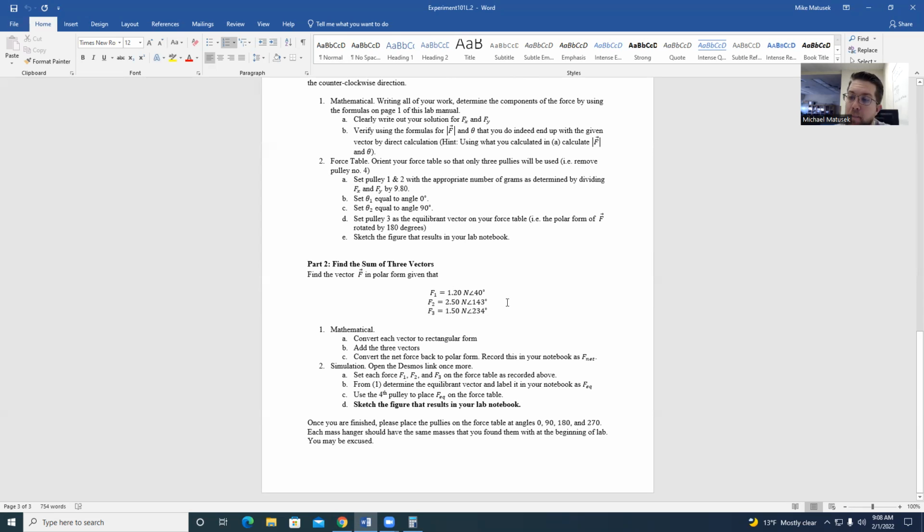You'll need to convert that back to polar form in order to put that on the force table. After you've put it on the force table, I need you to show in Desmos the same thing. Actually, we'll probably just be rid of that requirement this time around, and we'll just show this on the force table and sketch the diagram in your notebook. But that is your orientation for today's lab.